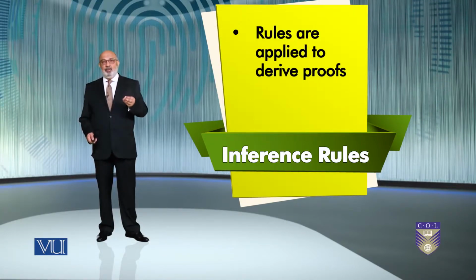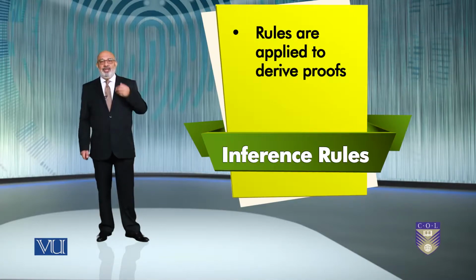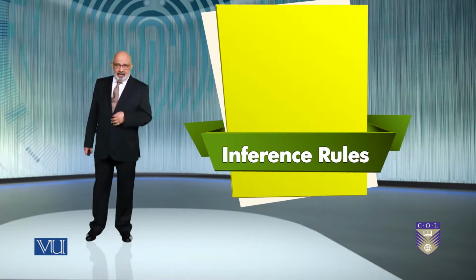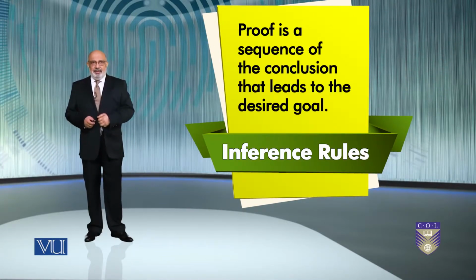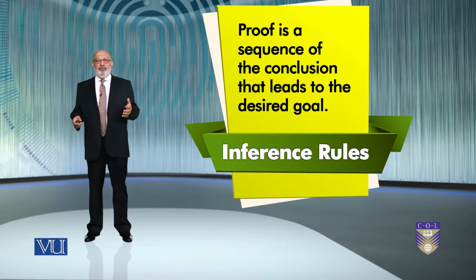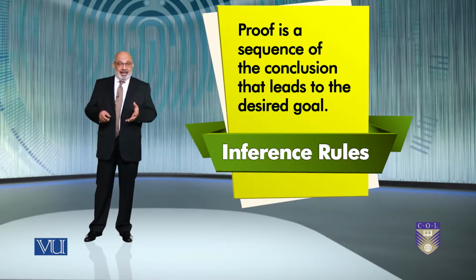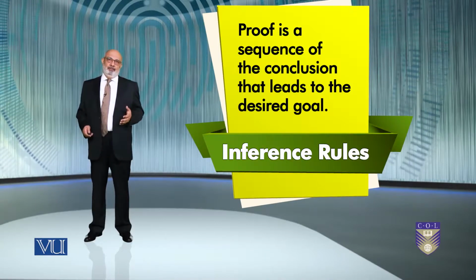So these rules are applied to derive proofs in artificial intelligence, and the proof itself is like a sequence of conclusions that leads to a desired goal, right? A sequence. Remember, we spoke about, let's say, search. There is a sequence of steps that you take to the goal, and likewise here.